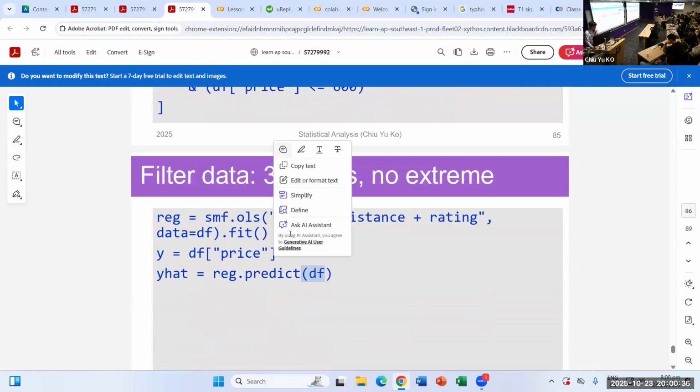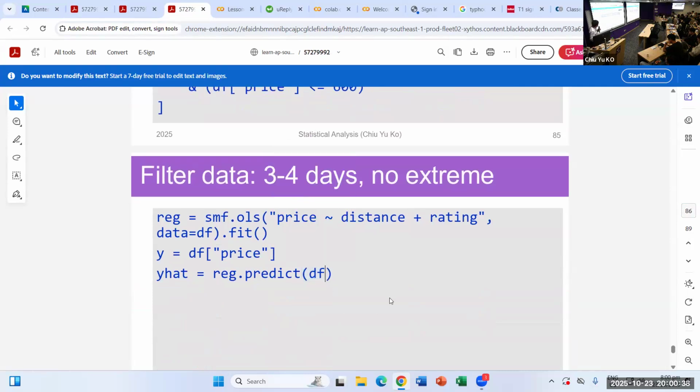The reason is that if you use OLS with the formula, with DF, then when you predict you can put in the whole data set and you're done. You don't need to put in X, you can put in the DF. That is the Python code. If you don't use the formula, then you have to just put X. So I guess I answered your question, I hope.